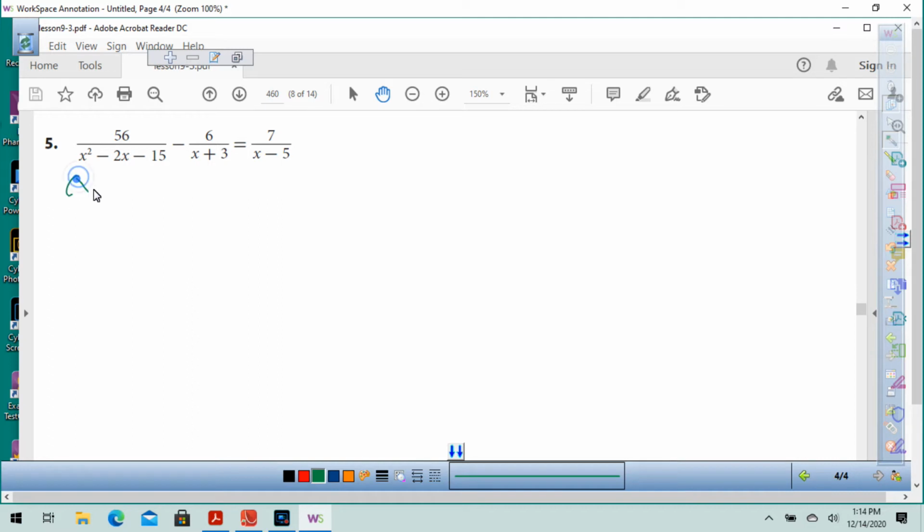This is going to be x minus 5 times x plus 3. All right, that's just x plus 3, that's x minus 5. So my excluded values are going to be 5 and negative 3.